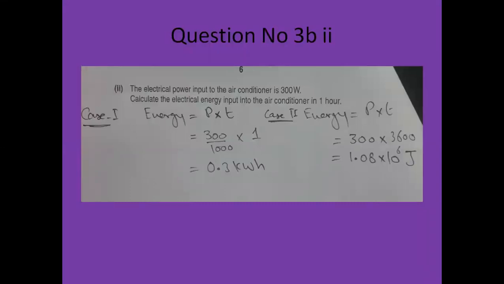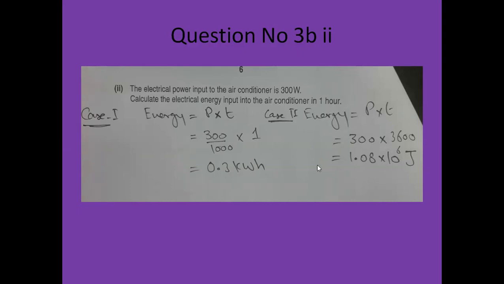So if you want to calculate energy, there can be two methods. One is power multiplied by time, where power is taken in watts and the time is taken in seconds. The other one is power multiplied by time, but the power is taken in kilowatts and the time is taken in hours.